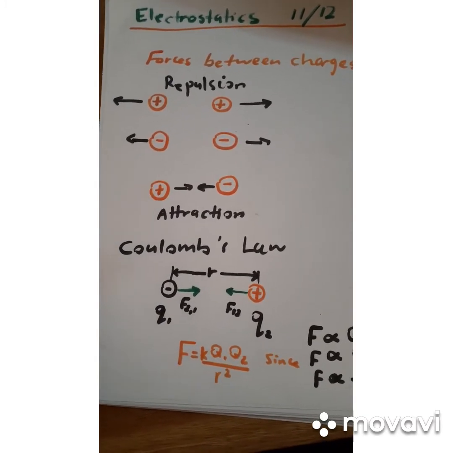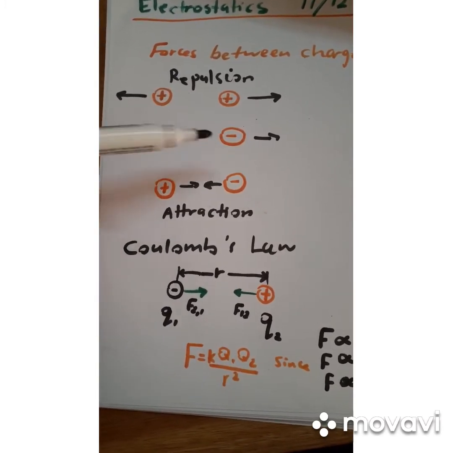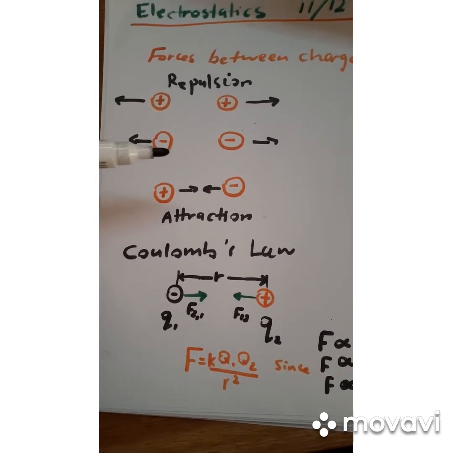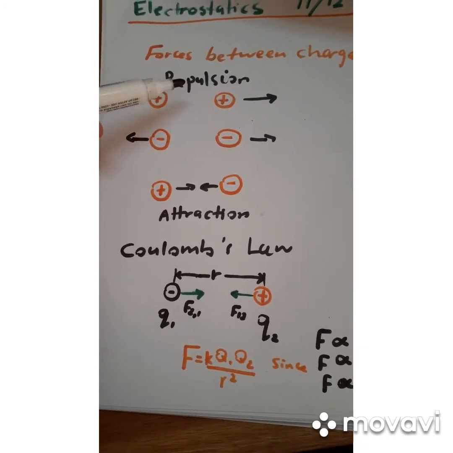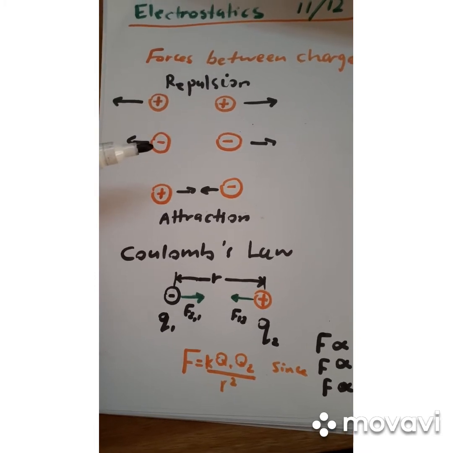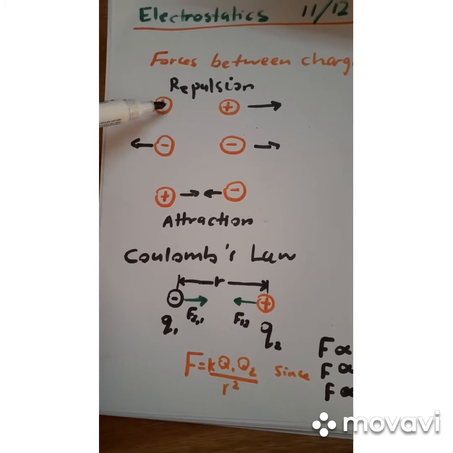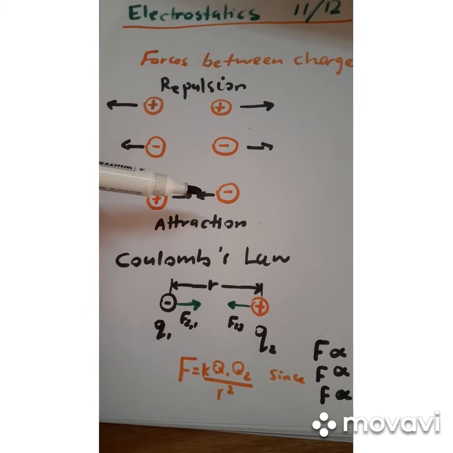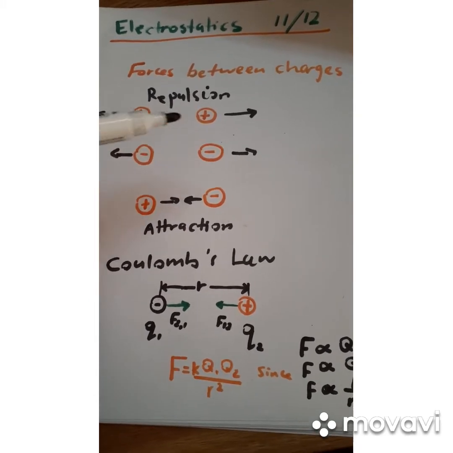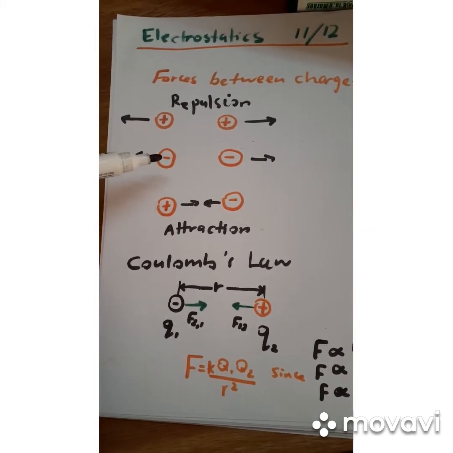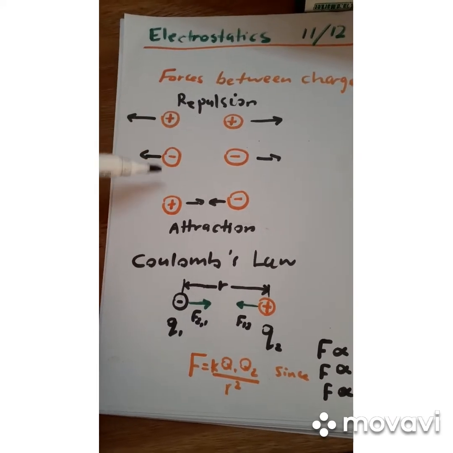And then we also have a negative and a negative charge. Then when you bring them together again, they repel, which means they push one another away. Therefore, we say now positive and the positive, they are alike. They look the same. They are the same. They are similar. So we say therefore similar charges repel.